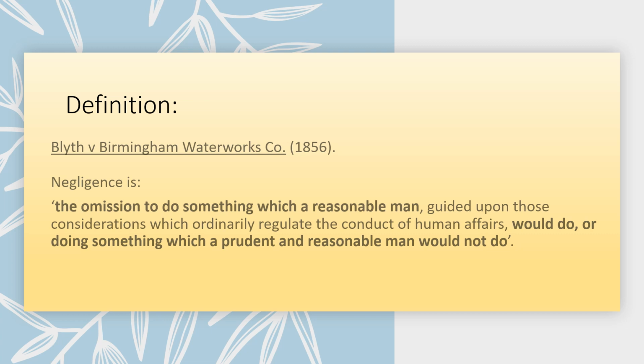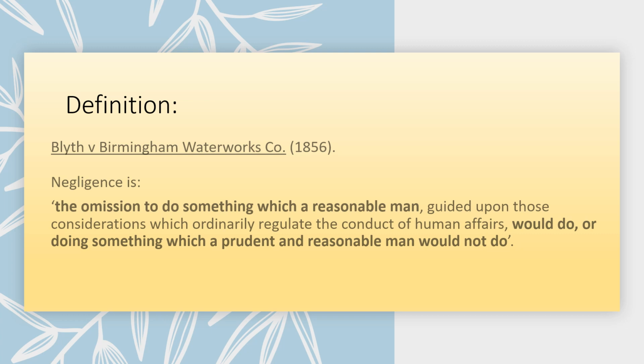So what we're thinking is we're going to look at the bold issues, the omission to do something which a reasonable man would do. So what we're talking about there is failing to do something that a reasonable person would do, or doing something which a prudent and reasonable man would not do.